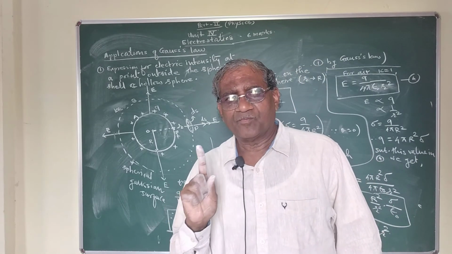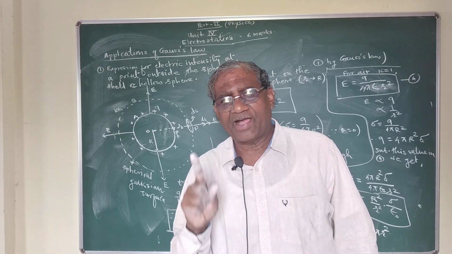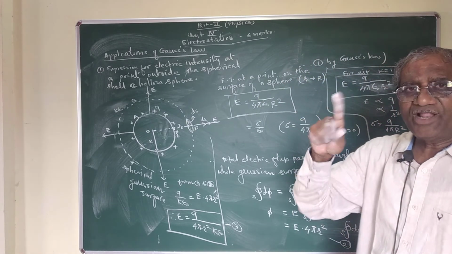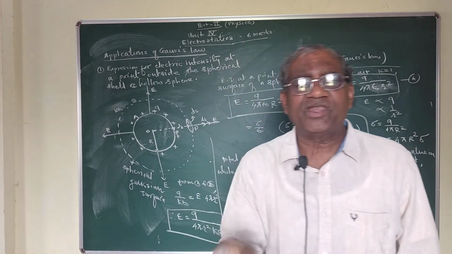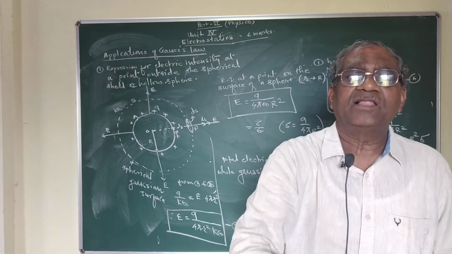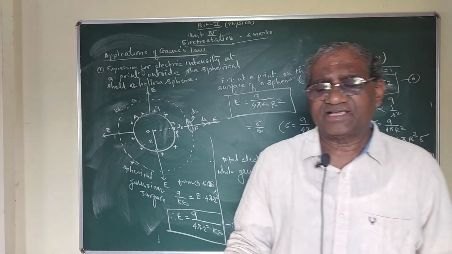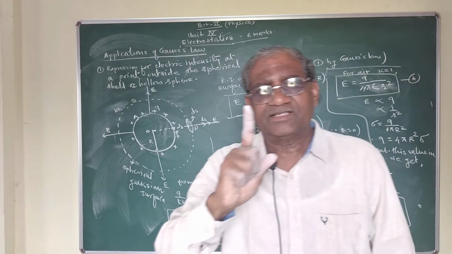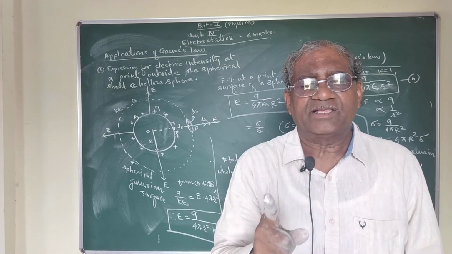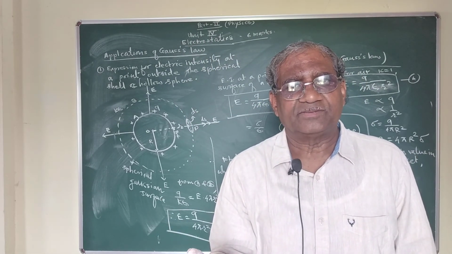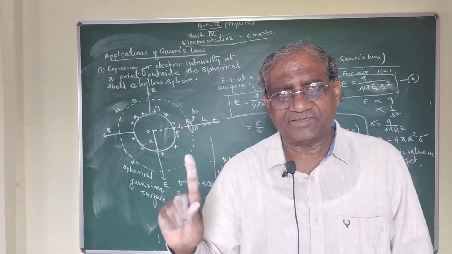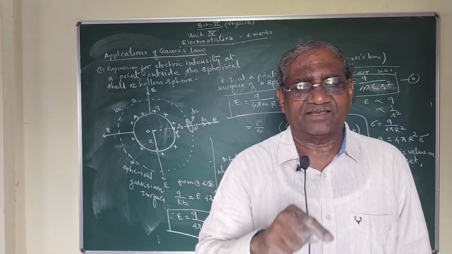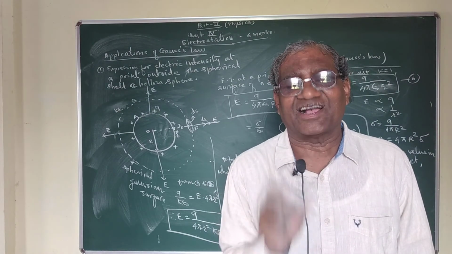Now by Gauss law, the total electric flux passing normally through the whole spherical Gaussian surface is given by phi is equal to q upon k epsilon 0. This is the first equation, by Gauss law. Now we have to use the definition of electric flux.